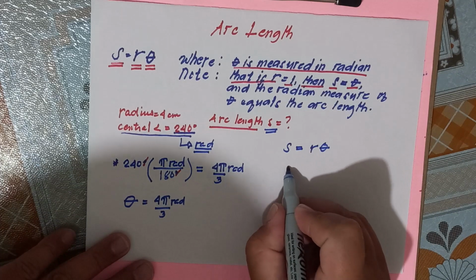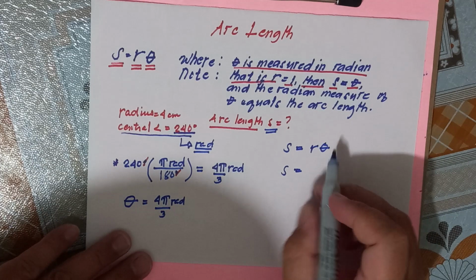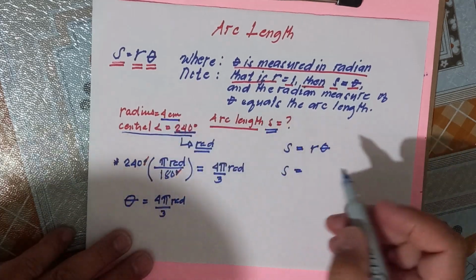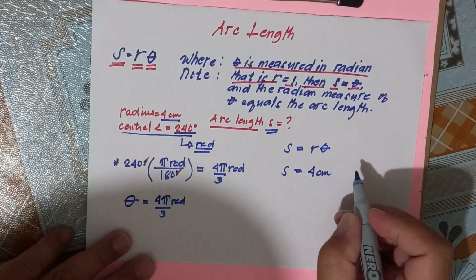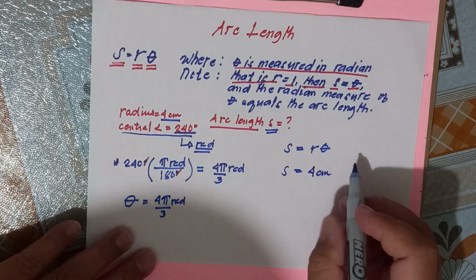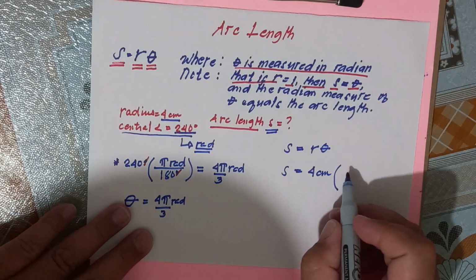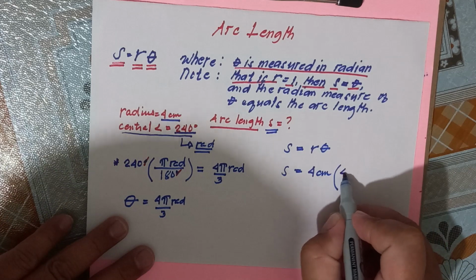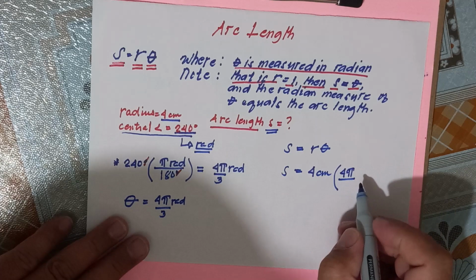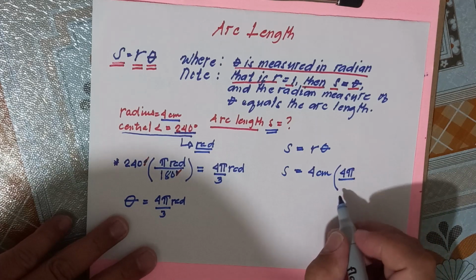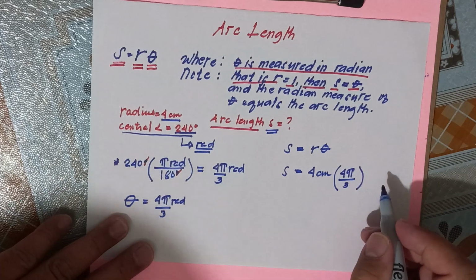So S is equal to 4 centimeter, the radius of the circle, multiplied by the value of angle theta, 4 pi over 3.